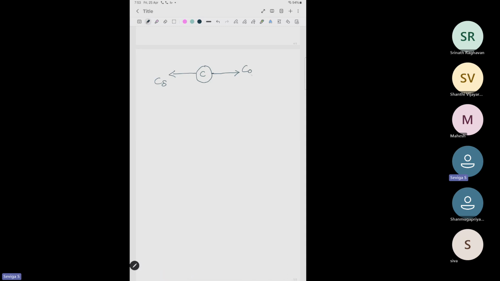This is C naught, the output coming from the C neuron. And C delta is shown by the arrow pointing towards the left. From the same neuron, if the arrow points towards the right, it is the outcome coming from it. If it points towards the left, it is the delta value coming from it.